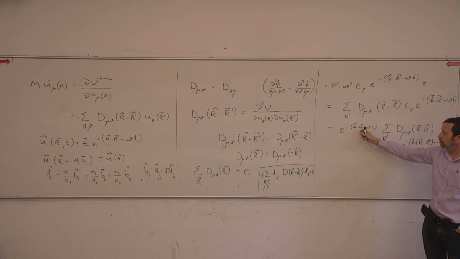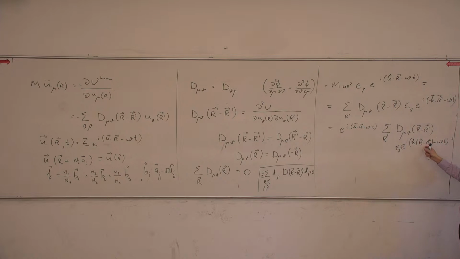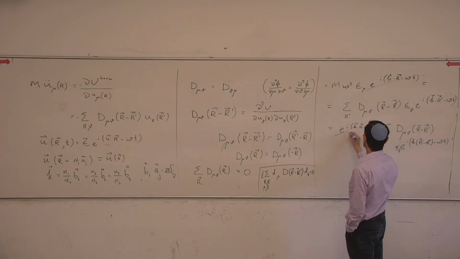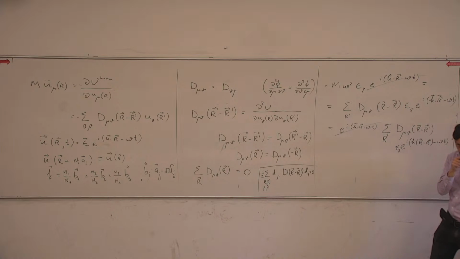Pulled out e to the power ikr, and subtracted it from here because I pulled it out. I can't pull r prime because it's under the summation. Can at least get rid of this part.